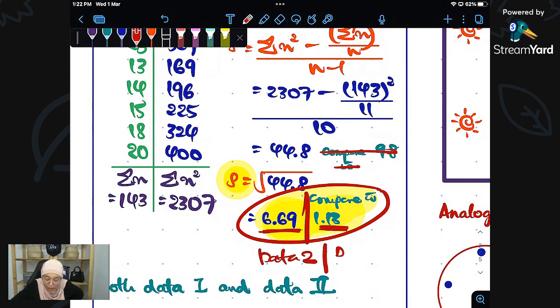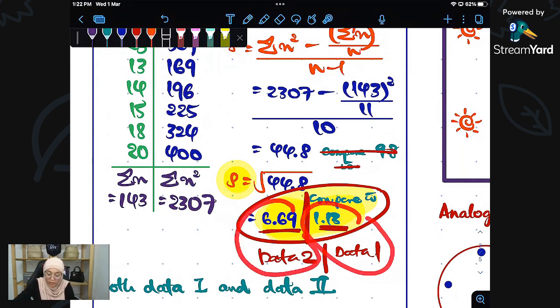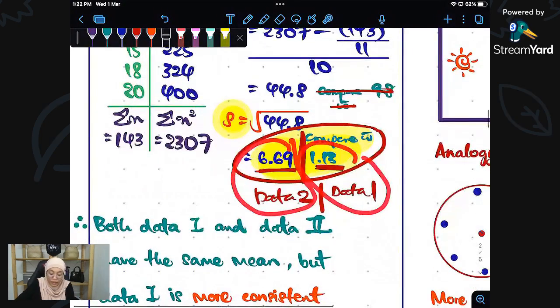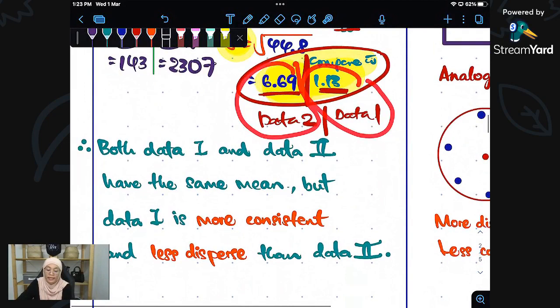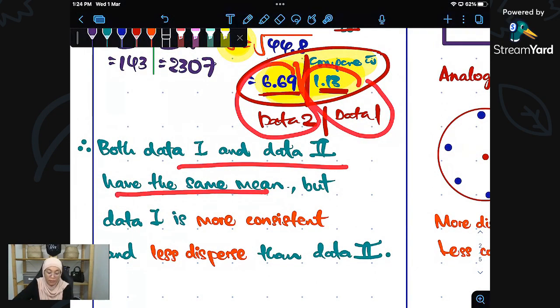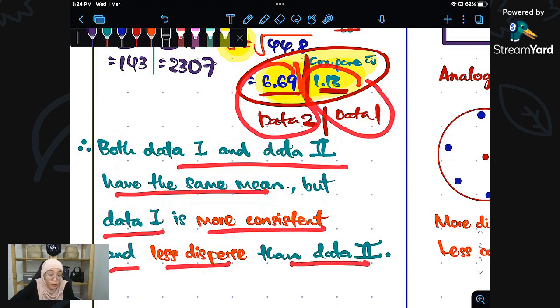So this is data 1, isn't it? So 3.13 is from the data 1. 6.69 is from the data 2. So if you look here, what I write here, both data 1 and data 2 have the same mean, but the data 1 is more consistent and less dispersed than the data 2.